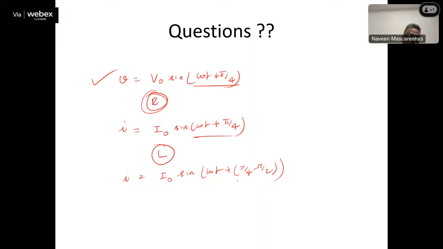So that's what you are supposed to write here. That's how we have to go on doing and find out the expression for current. If it is C, then definitely current will not lag, but it has to lead. Therefore, sine of omega t plus pi by 4 plus pi by 2.